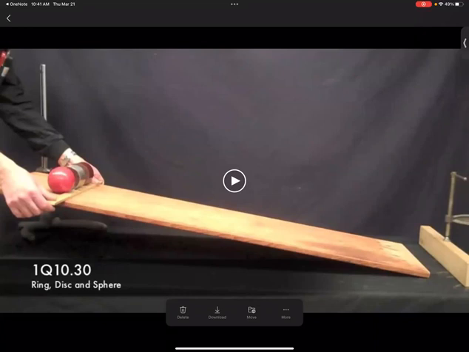The disk is 1/2 and the sphere is 2/5. What do your hands tell you? Just intuition-wise, if you just try to imagine, what do you think is going to win?